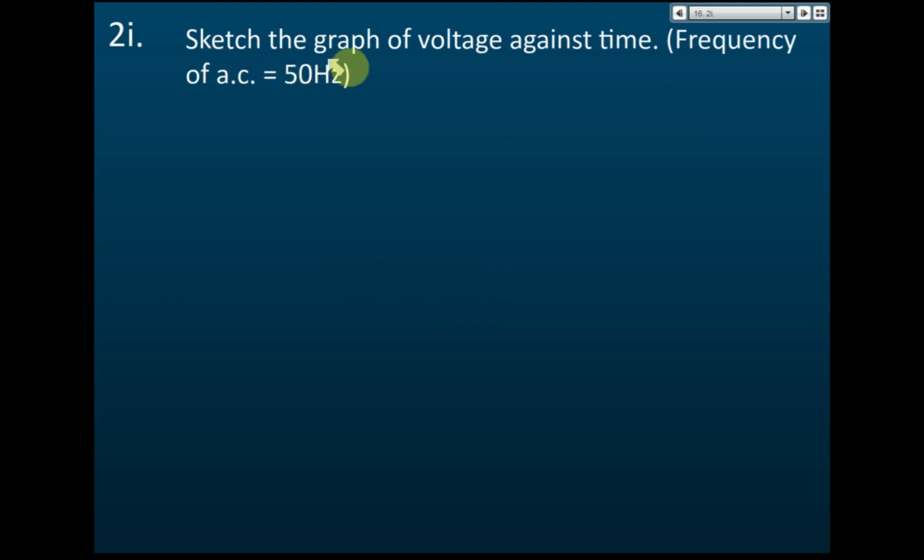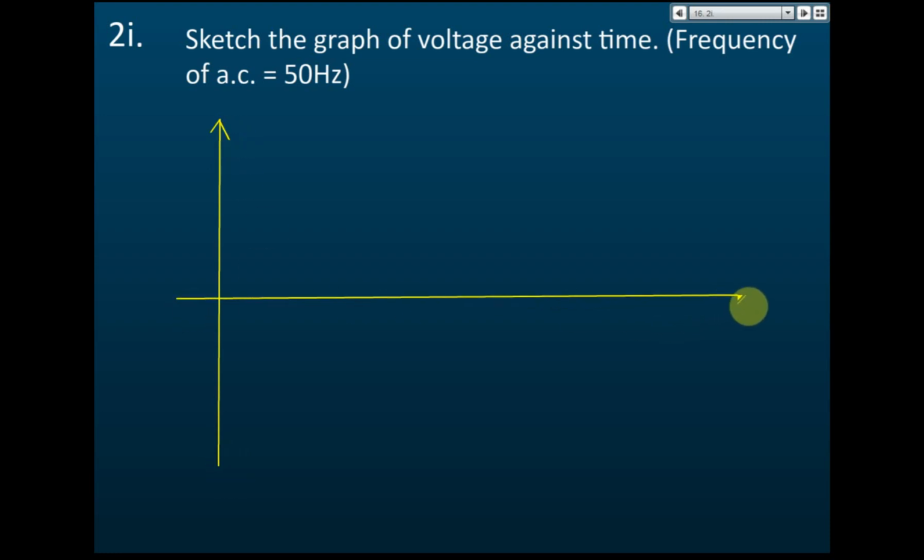2I, sketch the graph of voltage against time. The frequency of the alternating current is 50 Hertz. So to sketch the graph, first we draw the axes of the graph, vertical axis and horizontal axis. And then you should know that the graph is a sinusoidal graph.